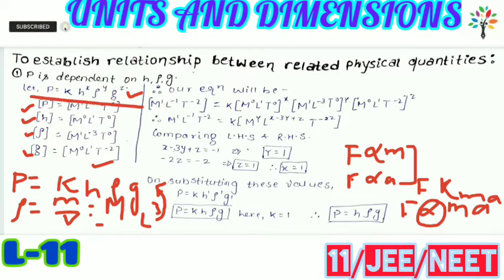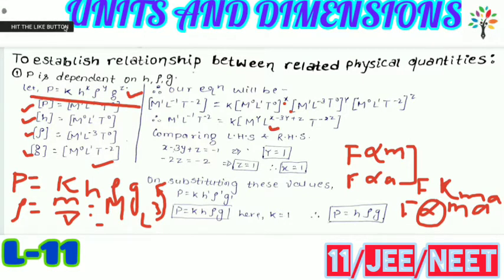Now just combine all these terms in this equation. So P is equal to K H rho g. Put these powers, multiply these powers with M, then L, then T, and so on at every place. Now we have the equation M1 L minus 1 T raised to power minus 2 is equal to K. This x is multiplied with 0, so it will be 0. x is multiplied with L, so 1 into x, L raised to power x.